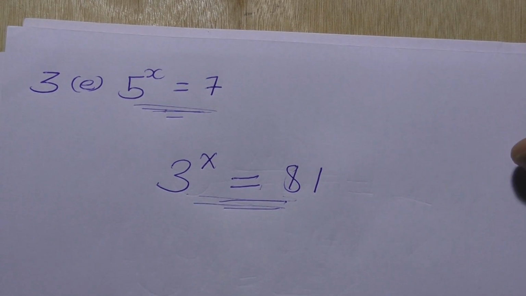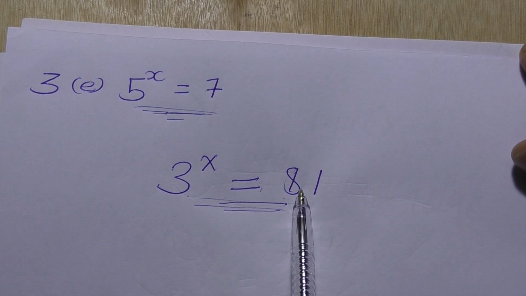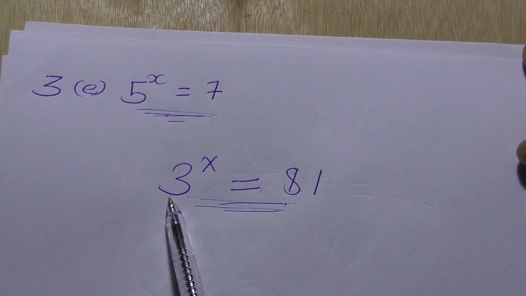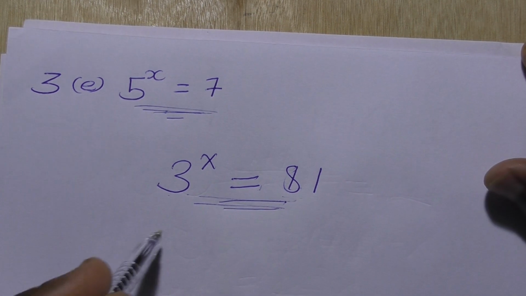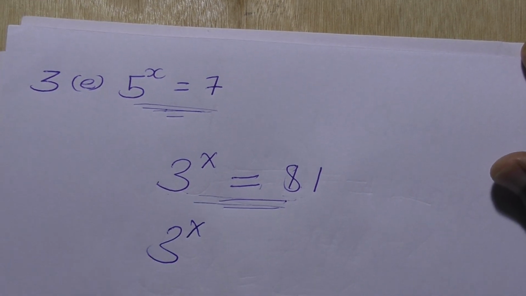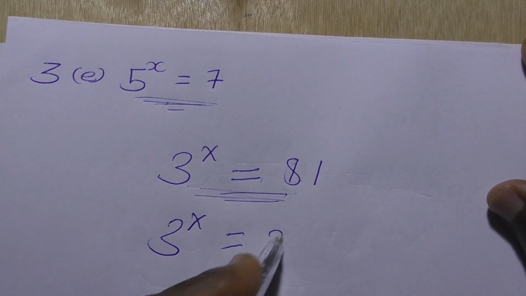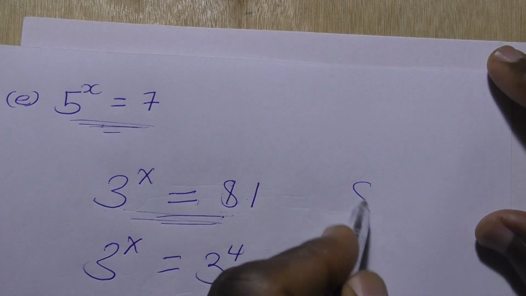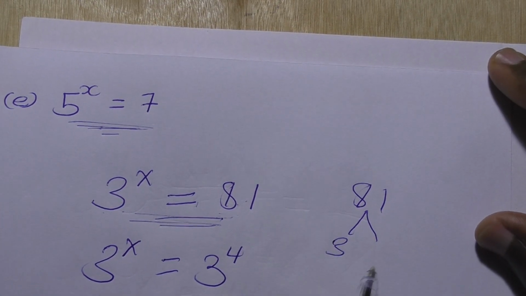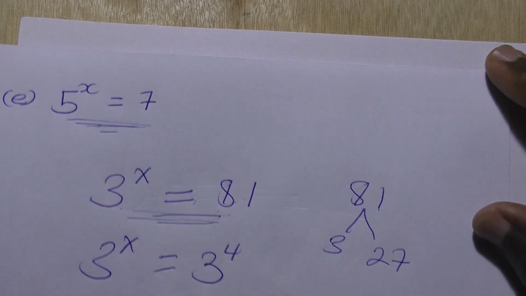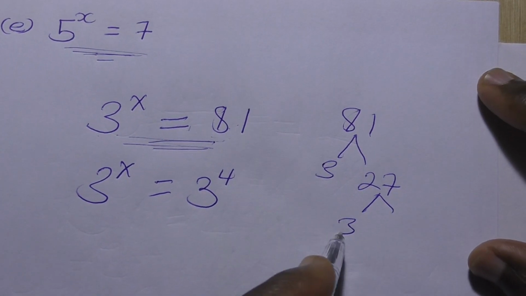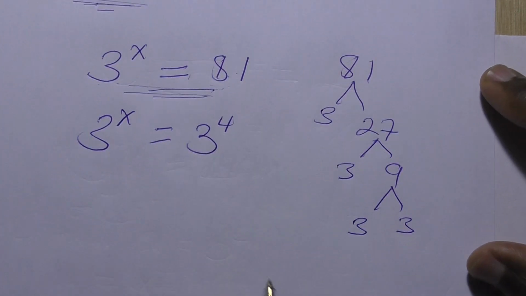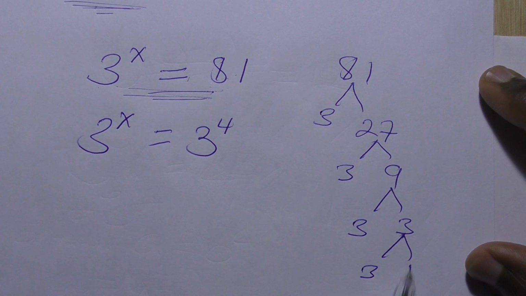Indices only works if 81 can be expressed in terms of 3. That is to say, we shall have 3 power x equals 81, which is 3 power 4. That is, when you decompose 81 by 3, you get 27. By 3, you get 9. By 3, you get 3. Then by 3, you get 1.